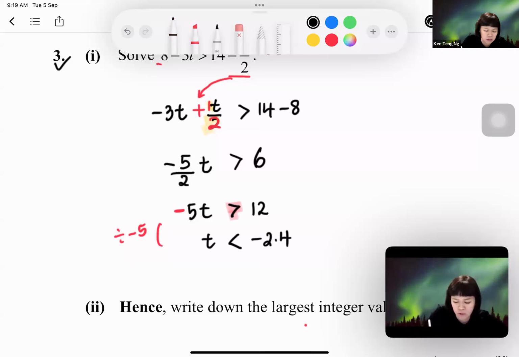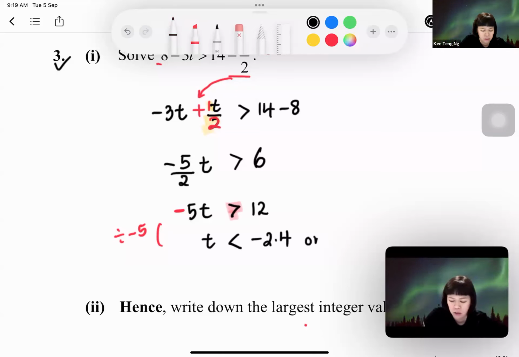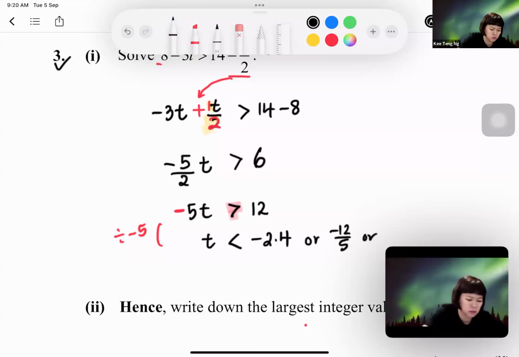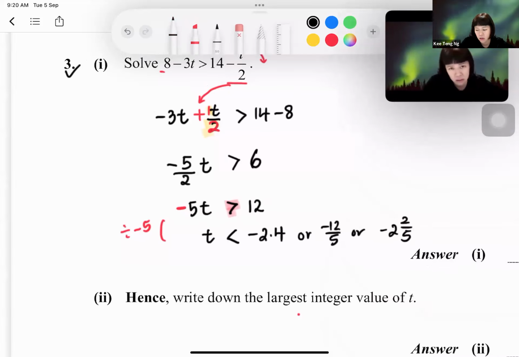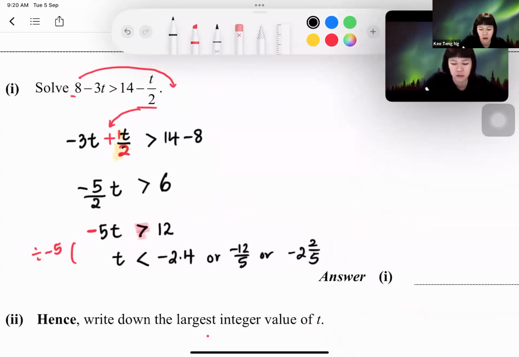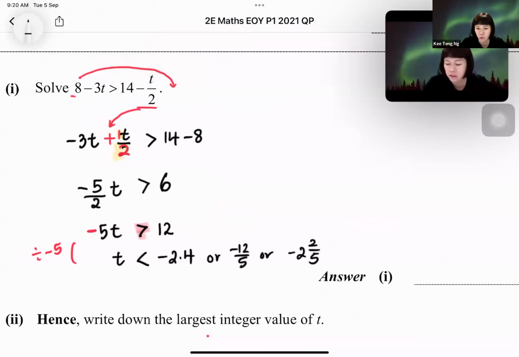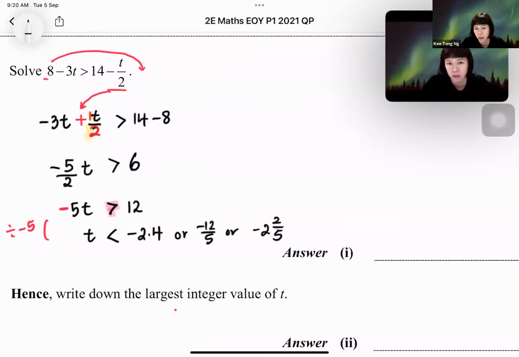There are many different answers you can write. You can write as an improper fraction, negative 12 over 5, or negative 2 and 2 over 5. But the question says solve this. What is the answer that I'm going to write in my answer blank?